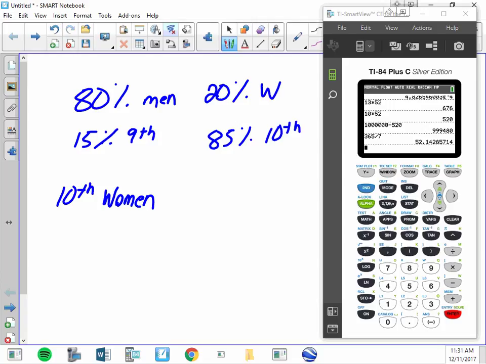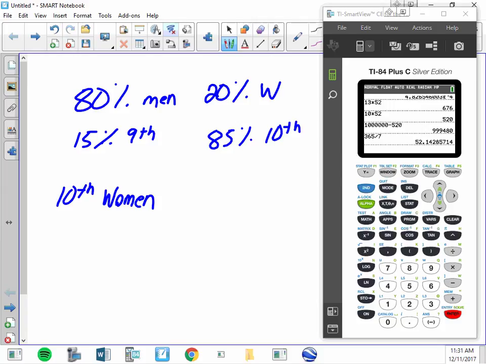Could all of the 10th graders be women? No, why not? There aren't that many women out there. Okay? Can all of the 10th graders be men? No. What's the highest number of 10th grade men? 80%.